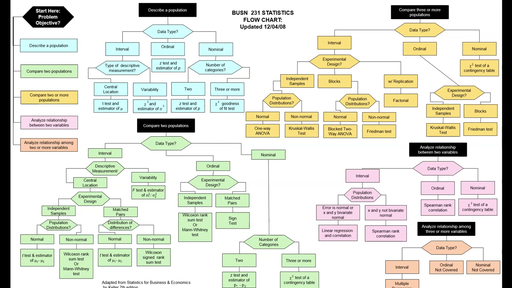For example, if you have two populations of numerical data, depending on how the data was collected, is it independent samples or is it matched pairs, you're going to have to use either independent samples t-test or matched pairs t-test. But that's only if the data samples are normally distributed. What if they're not normally distributed?